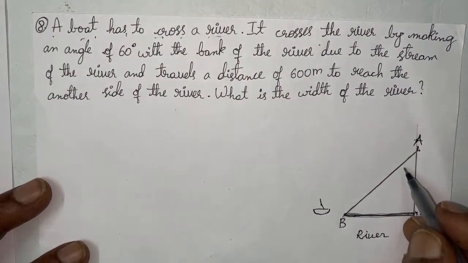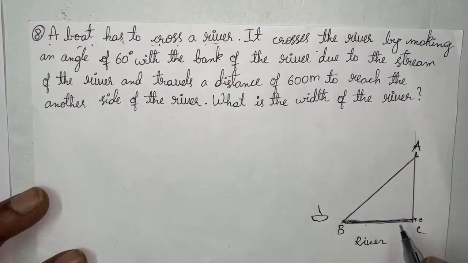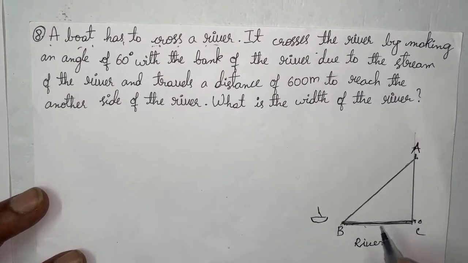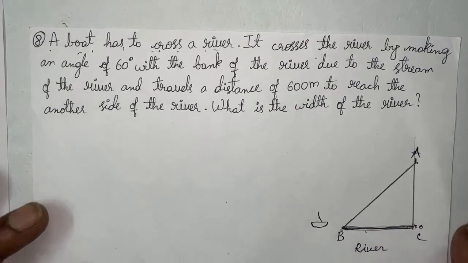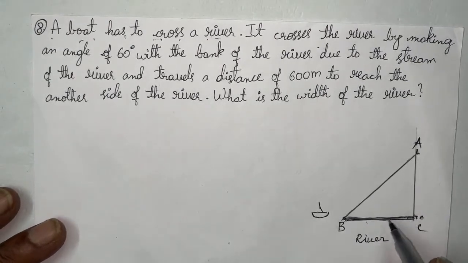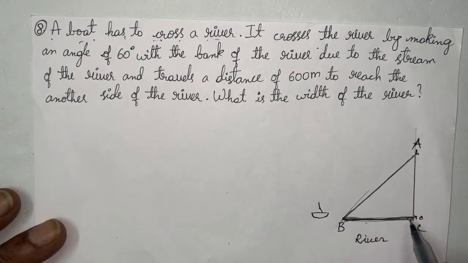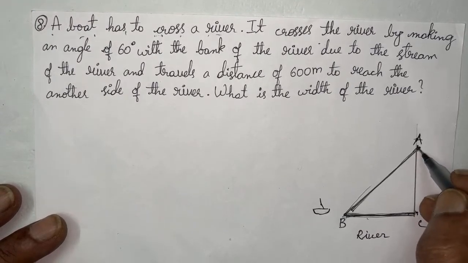It is my personal experience also. In the high tide in the river, the water current is very high. If I challenge my friends, going straight is 100% impossible. Instead of the BC line, it has to go along the BA line, and on the other hand, I will reach here.